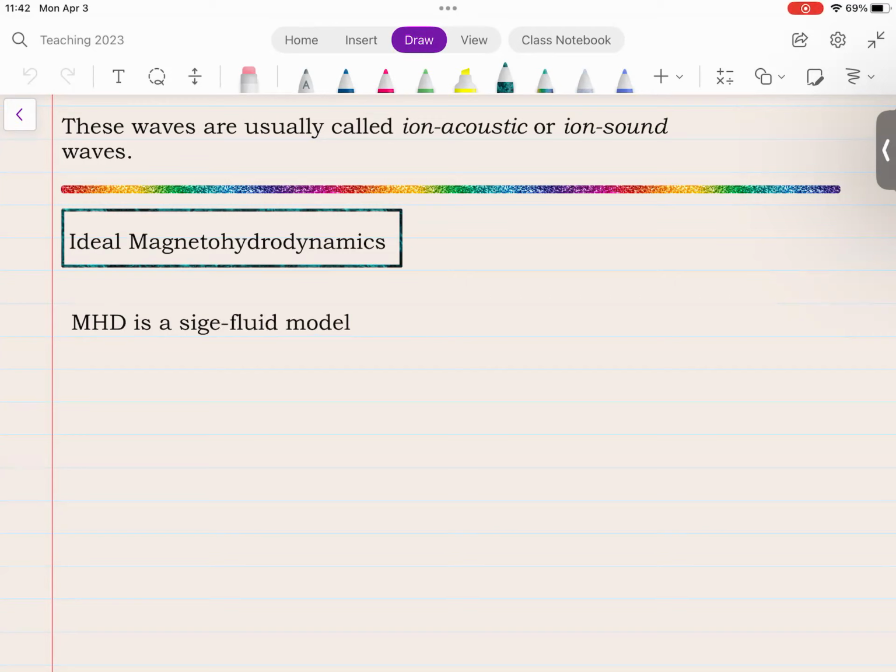Okay. Letters got mixed at random. Now it's a fluid model.